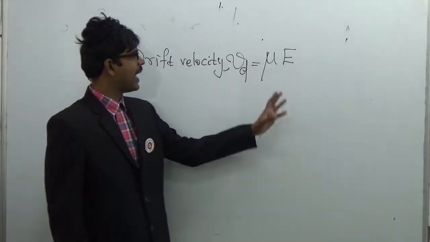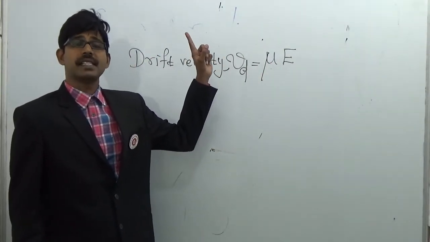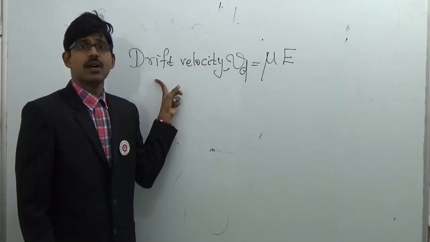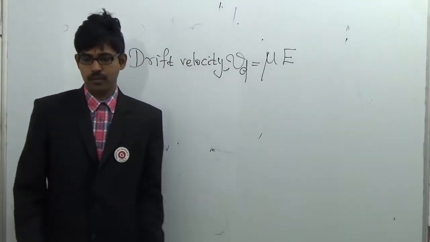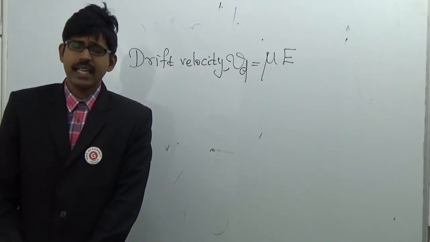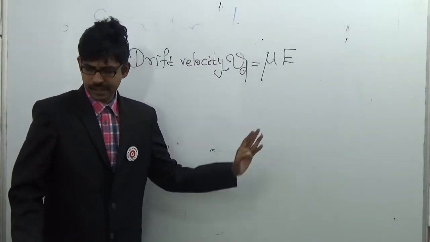Is it okay? So when an electric field is applied to a semiconductor material, the electrons in the material start moving with a velocity Vd whose mobility is mu. Now, this is applicable for an electron as well as for a hole.